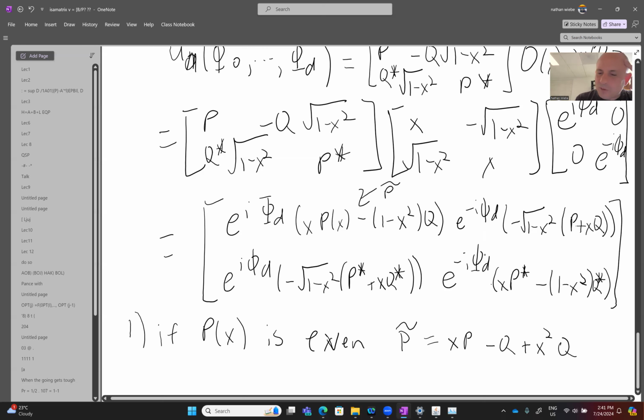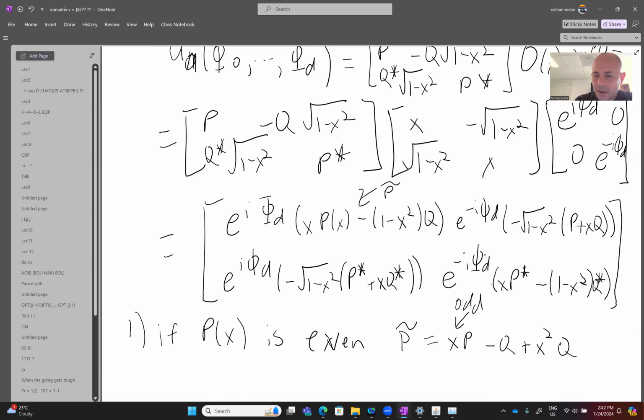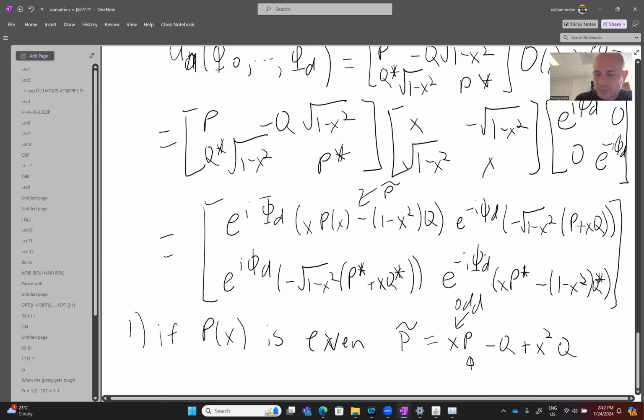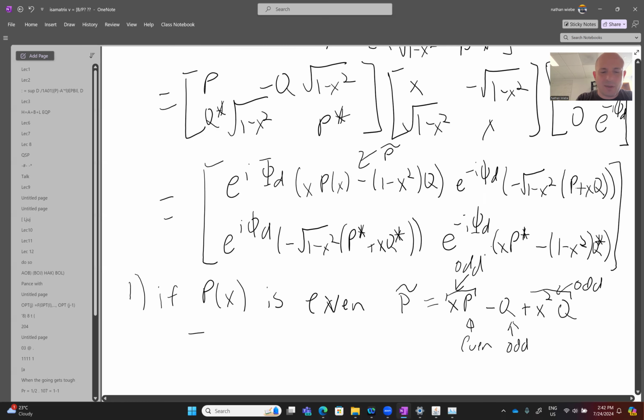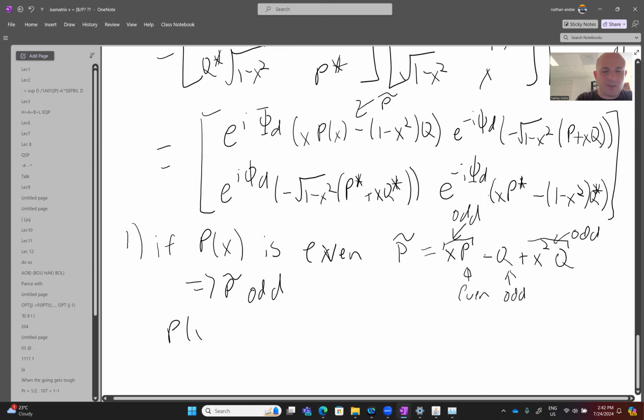If we take a look at this, well, this is going to be an odd function. The q over here has to have the opposite parity by our inductive hypothesis. So if p is even, then q has to be odd. And thus, this has to be odd as well. So therefore, p tilde, which is the polynomial that we end up finding over here, is odd.